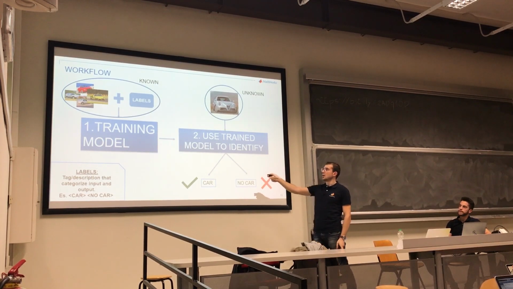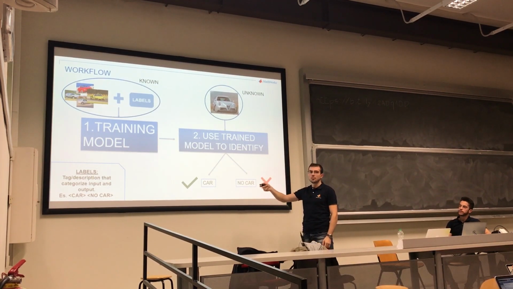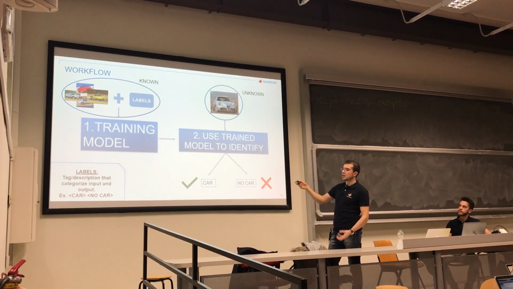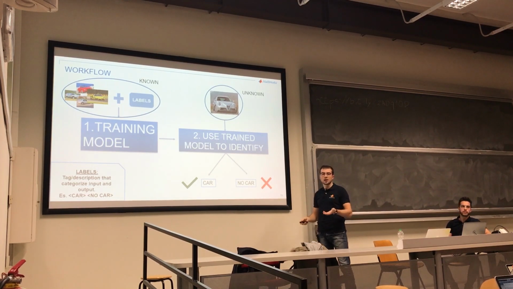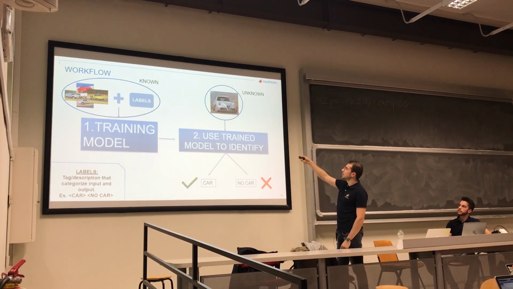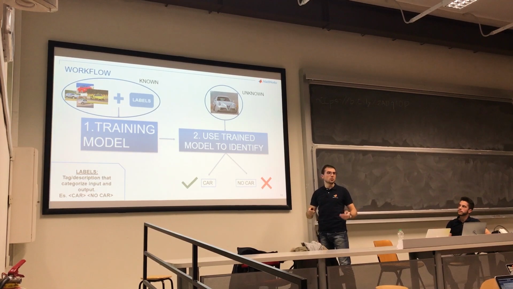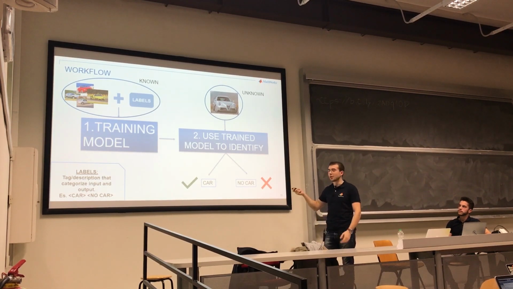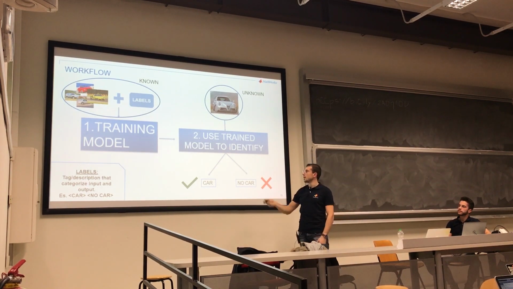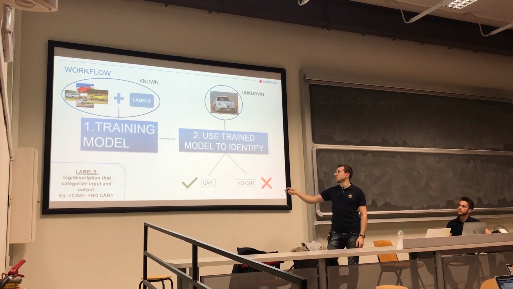And then, when we have trained the model, we will go to the application side of this model. So we want to use this model. We pick a new image that we don't know if it's a car or not. In this case, of course, you have all understood it's a car. So we pass the image through our network, and the result is yes, it's a car, or no, it's not.